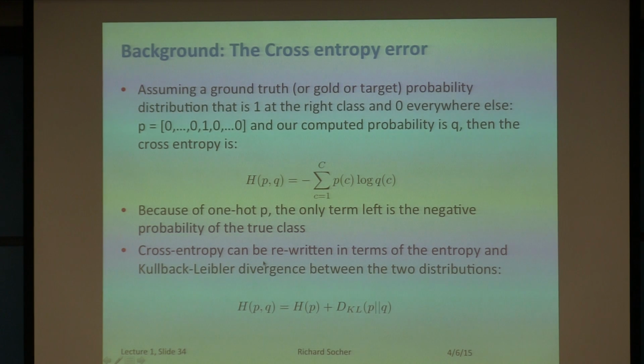And now let's play around a little more with this, and again we'll end up with the same thing. But we can also rewrite the cross entropy in terms of the entropy and the so-called Kullback-Leibler divergence, or KL divergence, between these two distributions. The Kullback-Leibler divergence is a non-symmetric measure of the differences between two probability distributions.